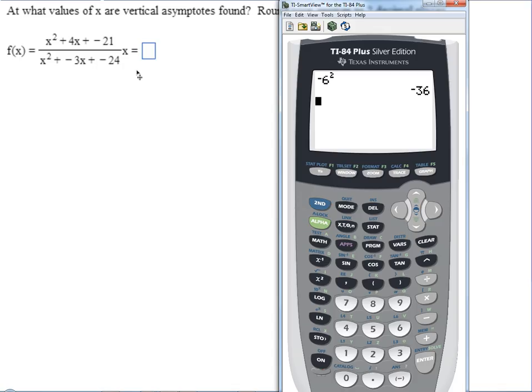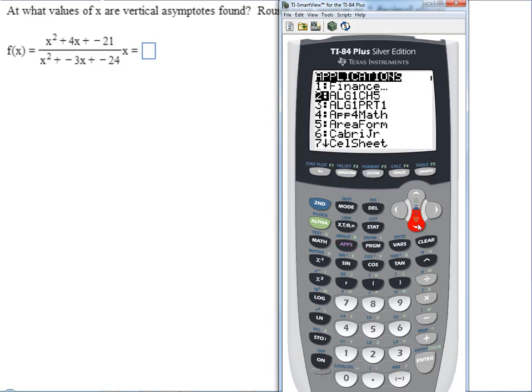I'm going to show you a trick on this calculator. Let me check one thing here. Do I have it? I'm not sure if you have this or not, but I'm going to show you one little trick.